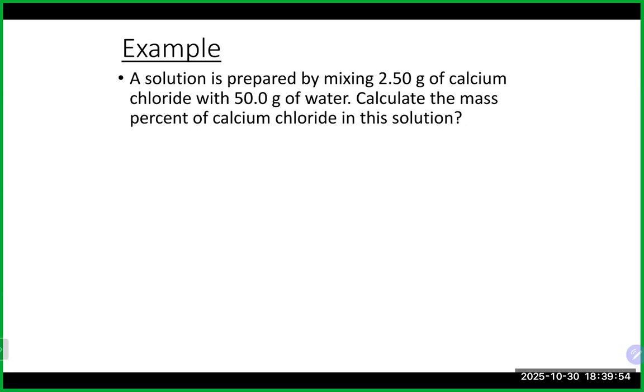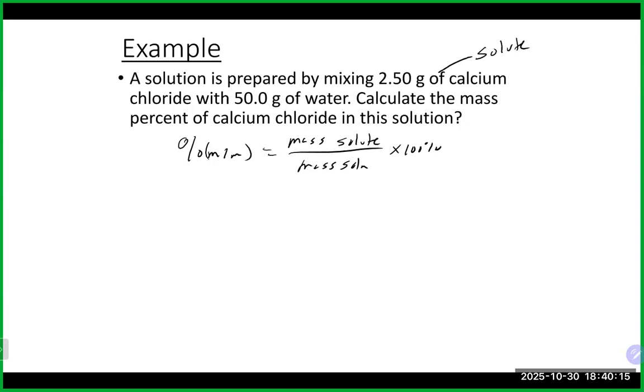So let's take a look. We're looking for the mass percent here, and again, that is the mass of the solute over the mass of the solution times 100%. In this case, the calcium chloride is our solute. It is the smaller part of the solution.